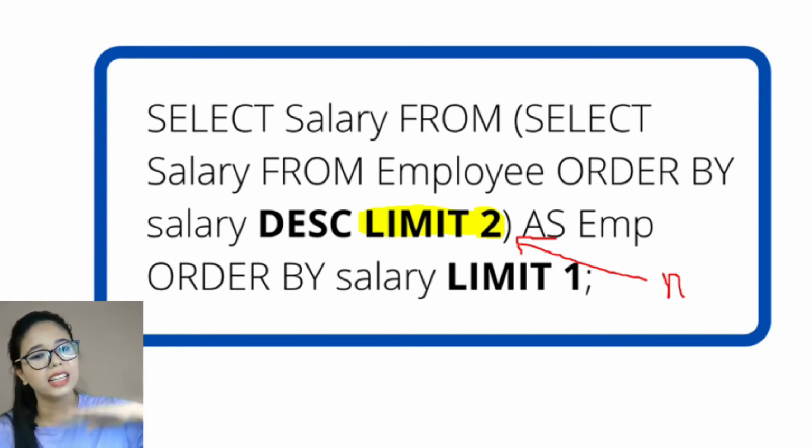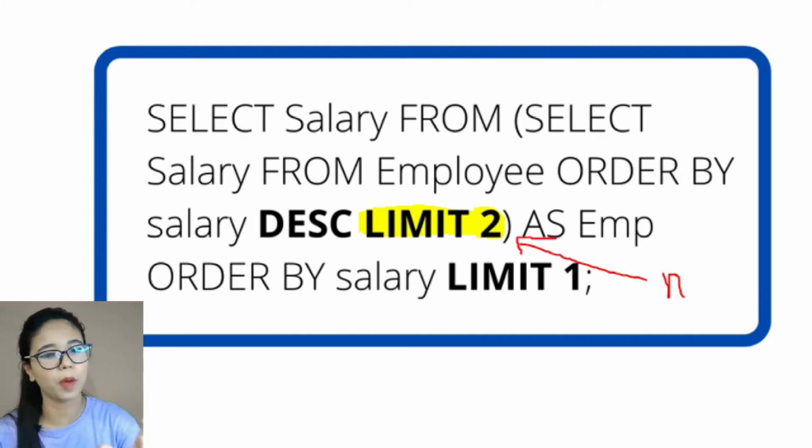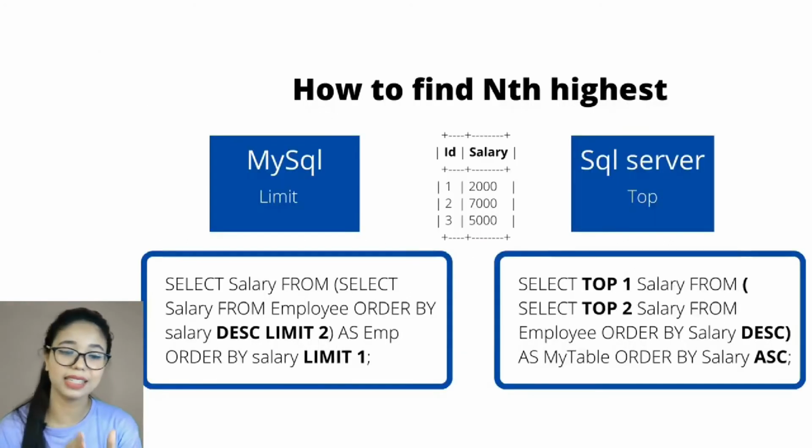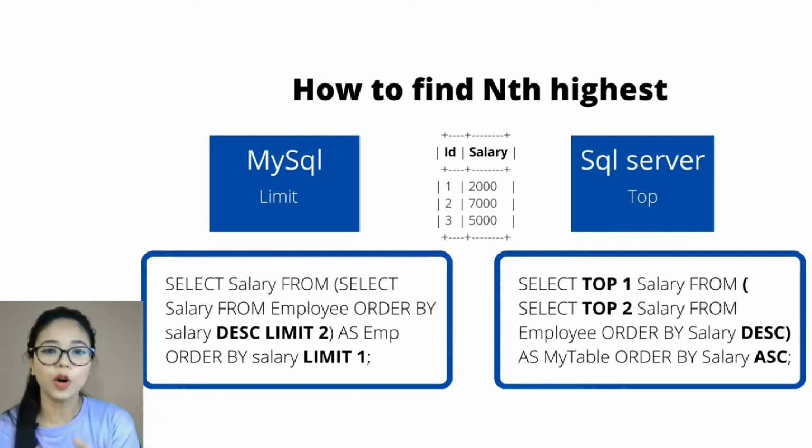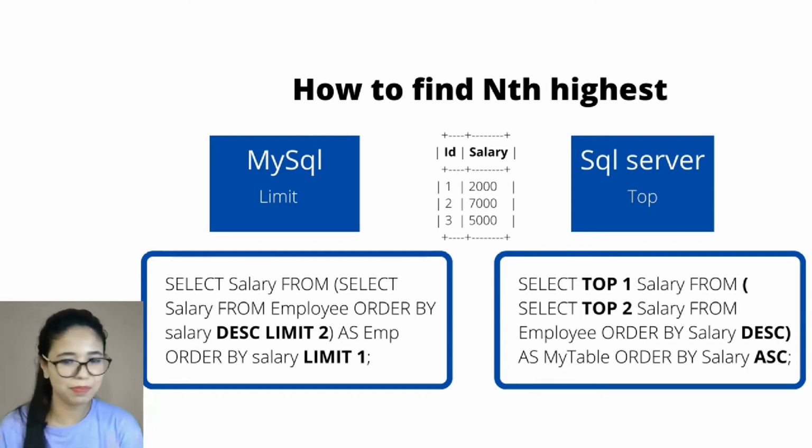And the upper query will be the same, the top query: select salary from the inner query as employee ordered by salary limit 1, because you need to fetch only one record. So limit 1 will always be there. The only changes will be in the subquery, the inner query. Now in SQL Server, it's as simple as that.